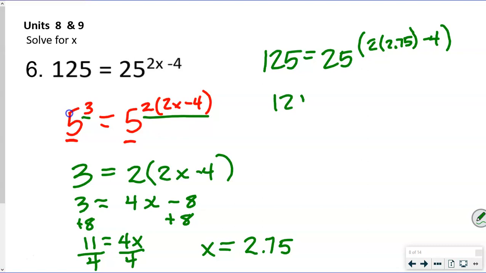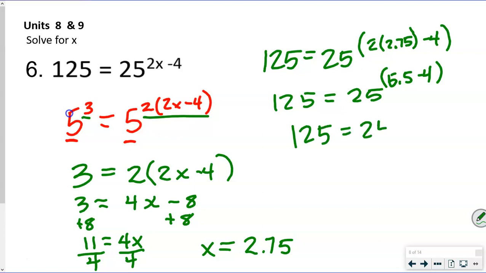So this is going to be 125 is equal to 25 to the 2 times 2.75, which is 5.5. So this is 5.5 minus 4, right? So that's 125 equals 25 to the what? 1.5 power. So if you take 25 to the 1.5 power, guess what you get? 125. So here again, we can check these. So make sure you guys are doing that so you get the right answer.